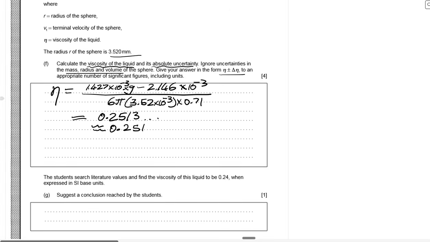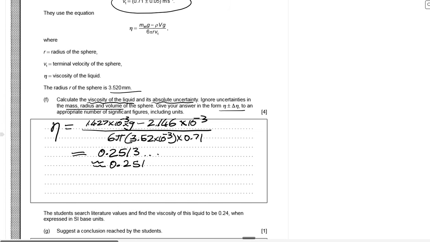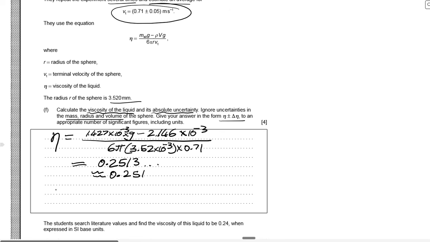But let's calculate the uncertainty first. So what we have is delta over, right, is equal to delta Vt divided by Vt. And so then what we can do is find the uncertainty, which is equal to 0.05 divided by 0.71 times our answer that we just got.